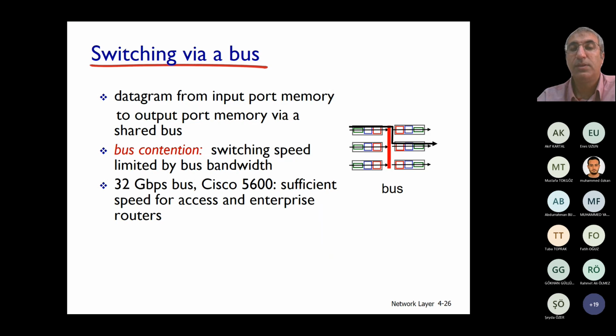Everyone is trying to get access and take this bus, which we call bus contention. And the switching speed is limited by the bus bandwidth as well. A Cisco router that utilizes this method is the Cisco 5600, which has a 32 gigabit per second bus. This is sufficient speed for access as well as enterprise routers.